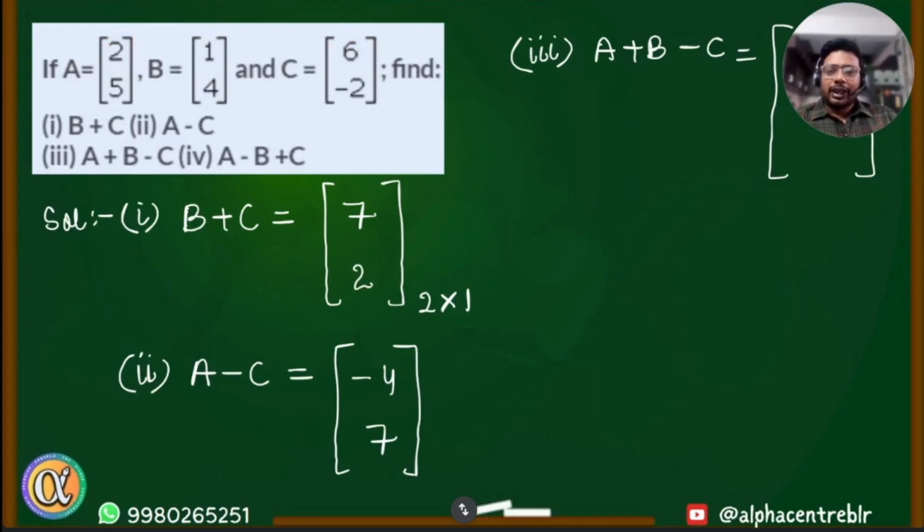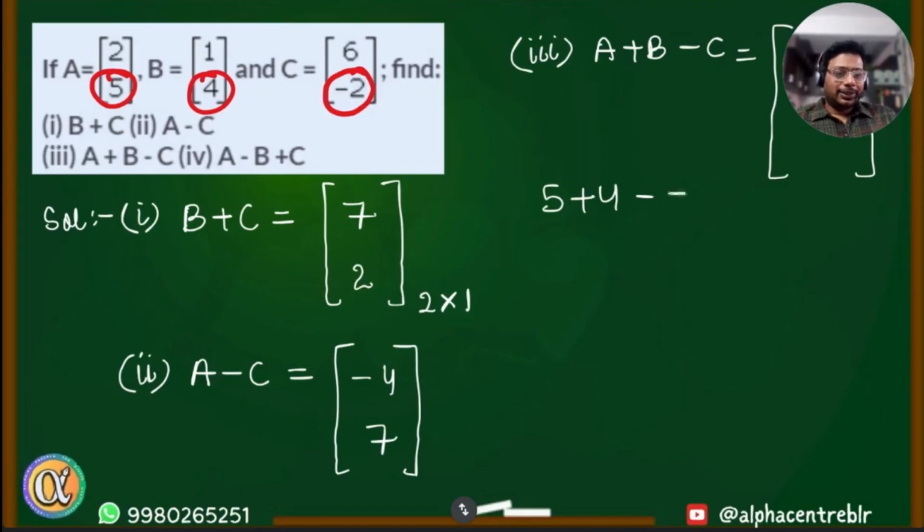What about this? 5 plus 4 is 9. 9 minus -2. How much is that?